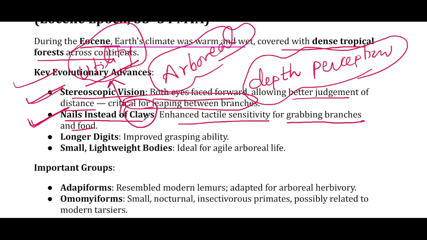So जो पहले claws थे, because we are also part of the animal kingdom, लेकिन धीरे धीरे because of variation, selection and then adaptation, जो हमारा स्टॉक है इसमें claws धीरे धीरे reduce हो गए, because claws were necessary where there is close combat between predators and prey. तो हमारे केस में तो ऐसा था नहीं, especially in our arboreal setting, and we were living a totally different lifestyle. So ऐसे में claws gave way to nails, और इन्हीं nails की वजह से tactile sensitivity especially to grab branches increased.